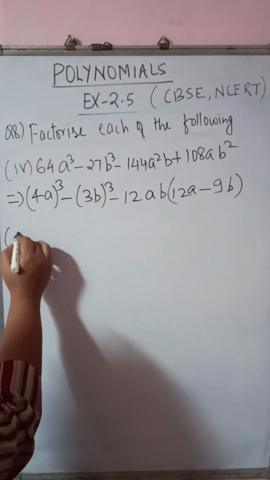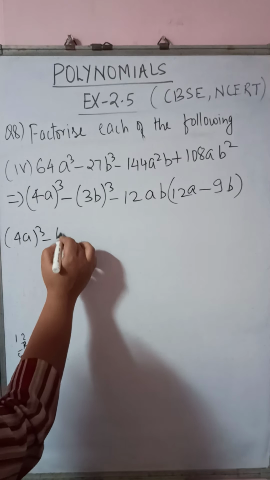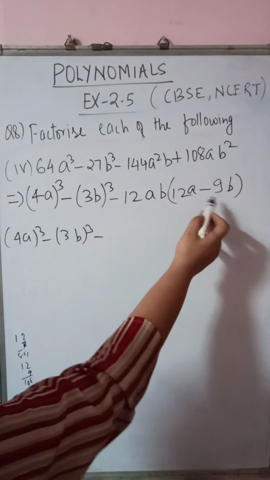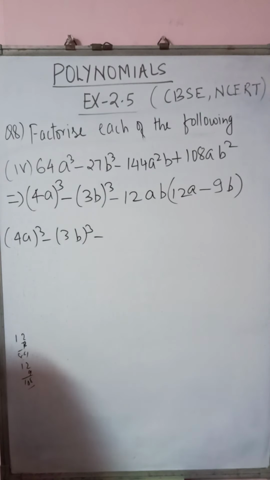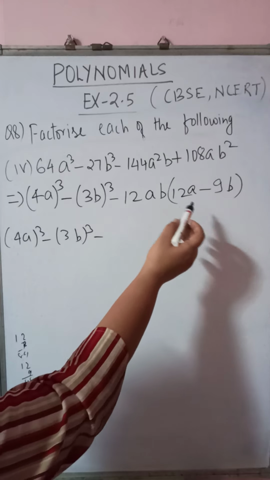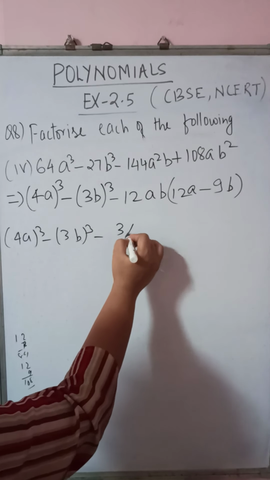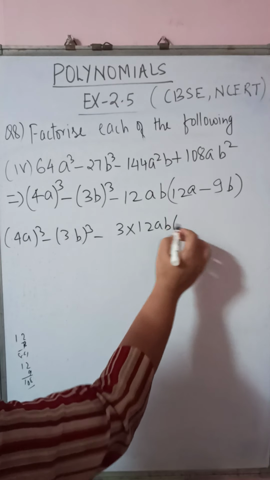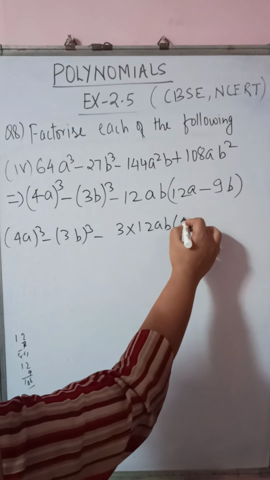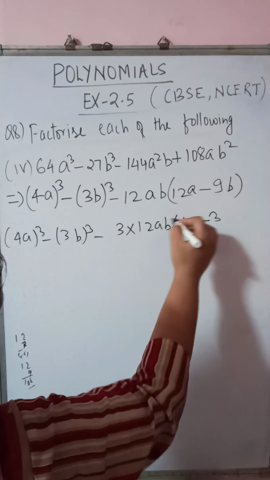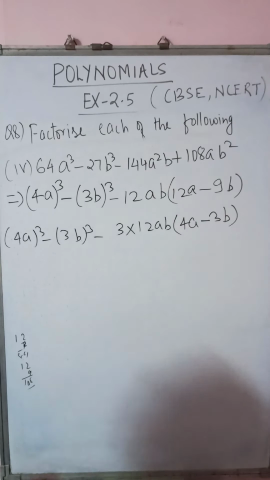Again 4a cube minus 3b whole cube minus, see children, 12 and 9, again it is divisible. 12 and 9 both common factor will be 3. So I am taking 3 common, and 12ab was already there. So 3, how many times you get 12? 4 times, 3 4s are 12. Minus 3, how many times you get 9? 3 times.